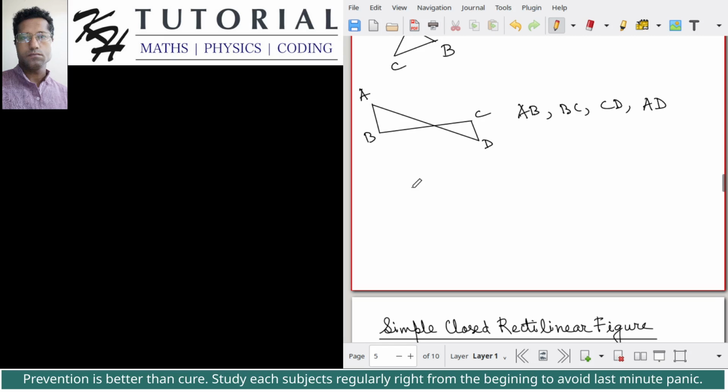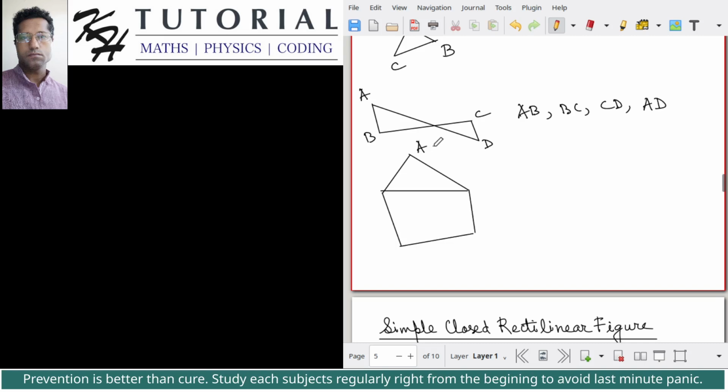Okay. Let's draw one more rectilinear figure. So this is one line segment, this is another line segment, and another, and another, and another, and this is another line segment.